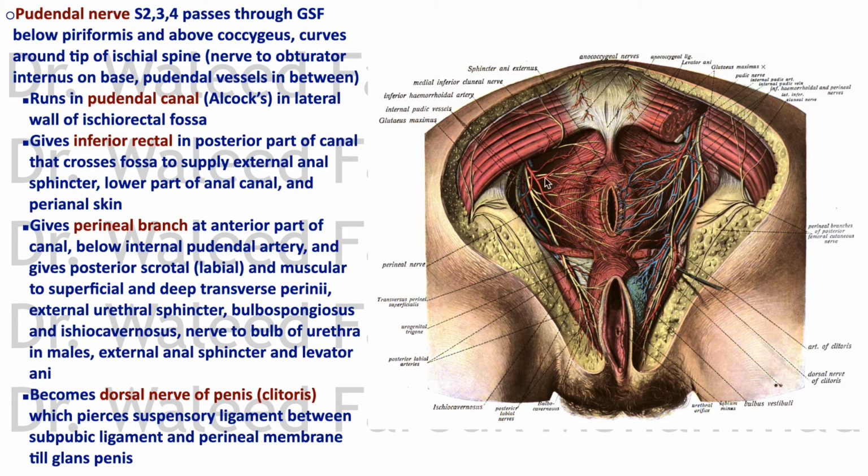At the beginning of the canal, it gives the inferior rectal branches, in the posterior part of the canal, to supply the external anal sphincter, lower part of the anal canal, and the perianal skin. In the anterior part of the canal, it gives off a perineal branch, see that?